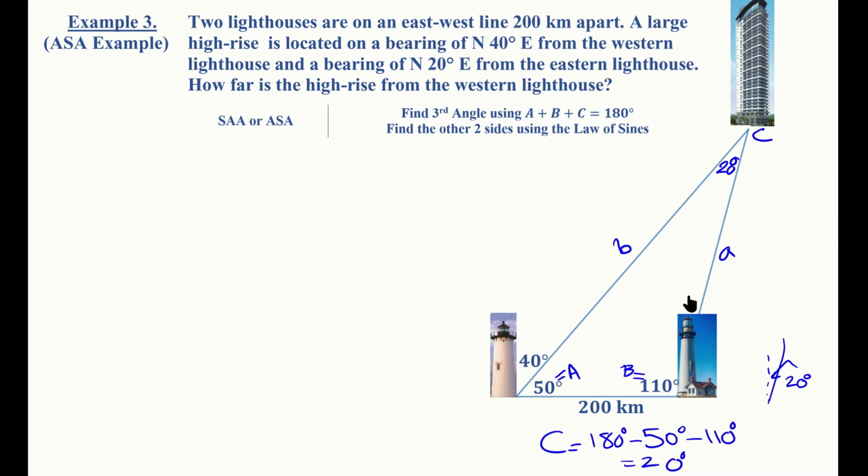Now, we have the capability of finding both, but really what we care about here is B, because that's the distance from the high rise to the western tower. So we'll go ahead and get that involved in our law of sines.